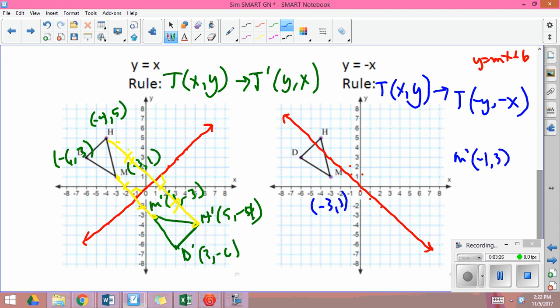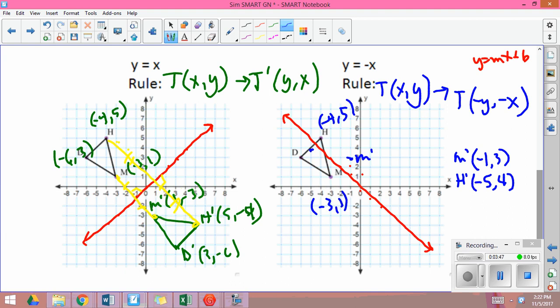So -1, 3 is where m prime goes. And h is at -4, 5. H prime, opposite sign, switch positions, is going to go to 5, 4.